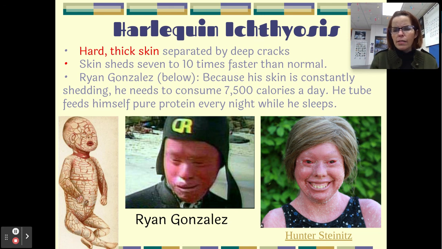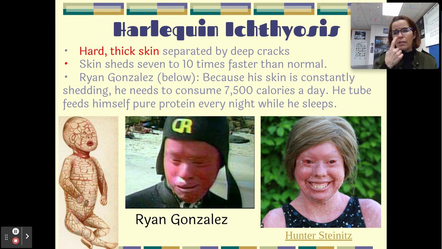So Ryan Gonzalez is the boy in the middle here who has harlequin ichthyosis. And it says here, because his skin is constantly shedding, he needs to consume 7,500 calories a day. Most boys his size would be consuming 2,000 to 2,200 calories a day. So he tube feeds himself during the night.